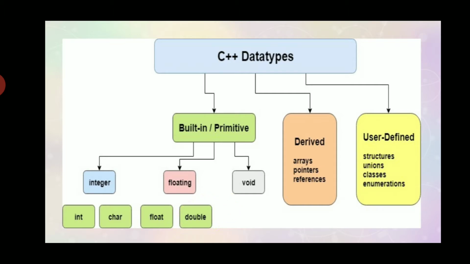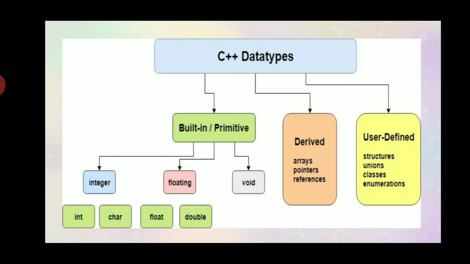Double means you are taking a long decimal value, suppose 5.667 into 10 to the power 2 or 10 to the power 10. This is a long decimal number, so it will take more space, and we use double.